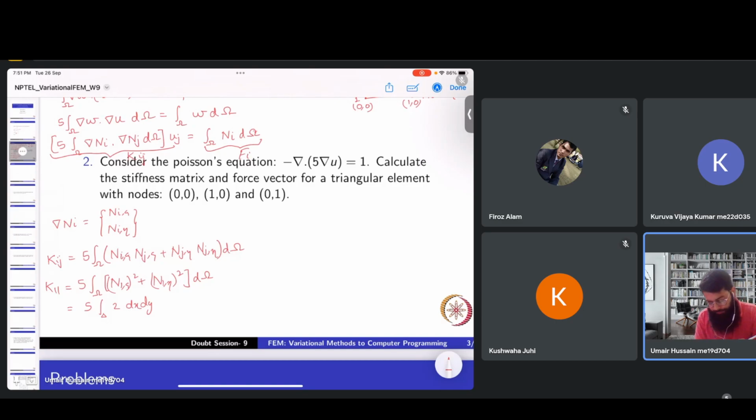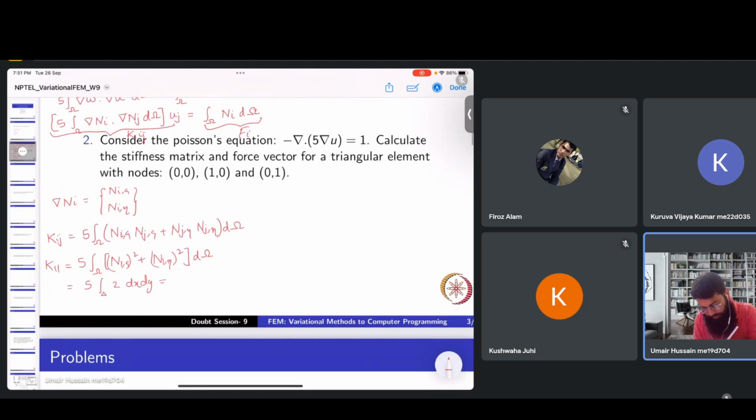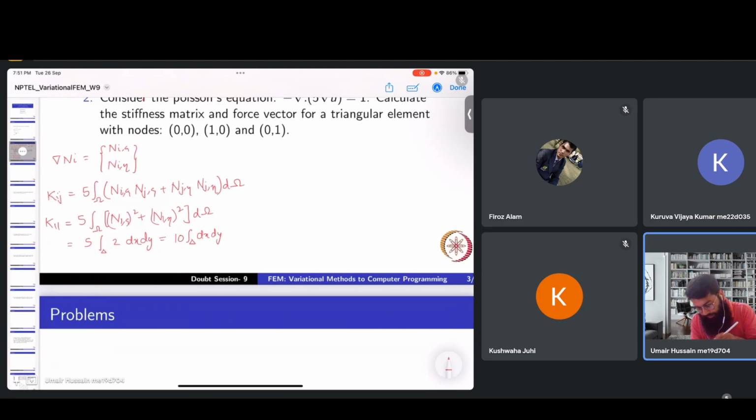I don't remember that formula, so we can leave it like this.